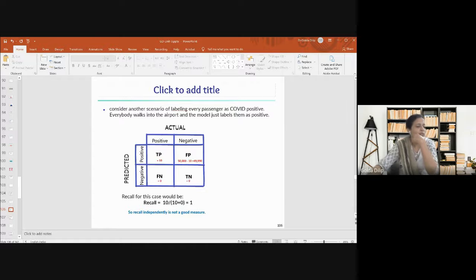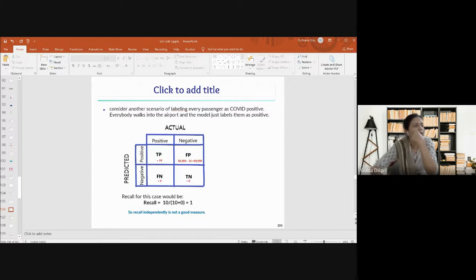And if you see the recall, based on this confusion matrix, recall in this case will be 10 divided by 10, so you will get 1. Actually, that's a huge problem. Accuracy was a bad idea when we initially labeled everybody as negative.